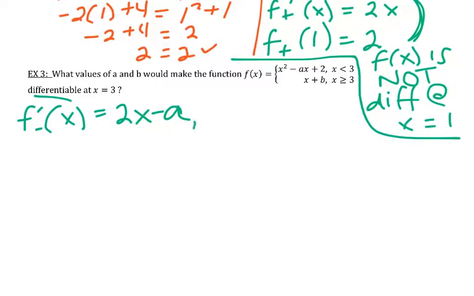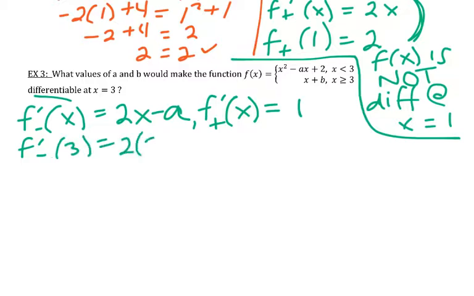If we're looking from the right-hand side, we just get 1. Okay, plugging in 3, because that's where we're coming from. And we get 6 minus a.